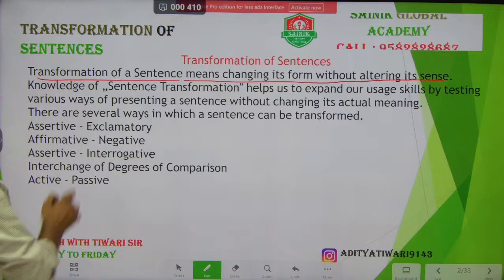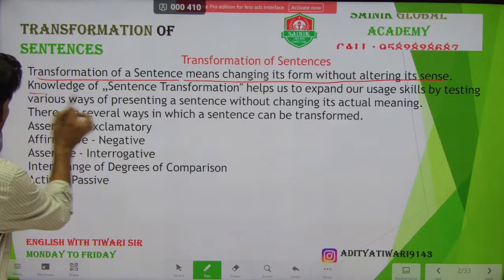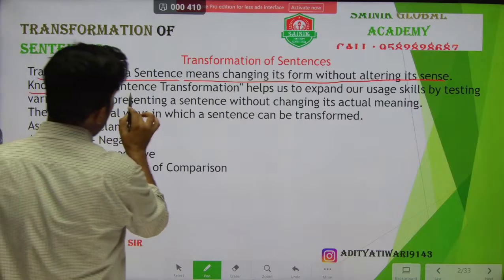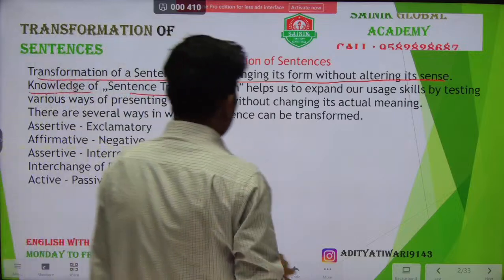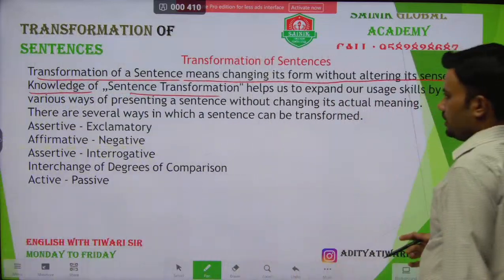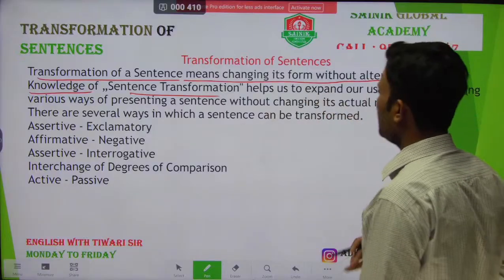Once again, listen: transformation of a sentence means changing its form without altering its sense.